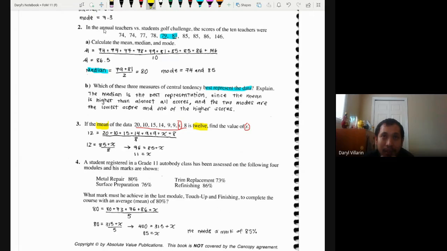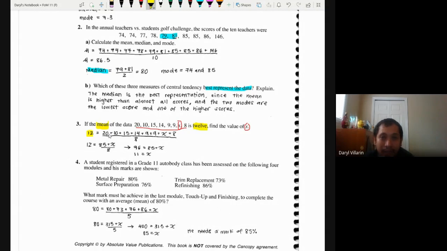So if you can see here, the mean is 12. And then you're just taking the sum of all the data that you have. And then 8 is coming from counting these values: 1, 2, 3, 4, 5, 6, 7, 8.